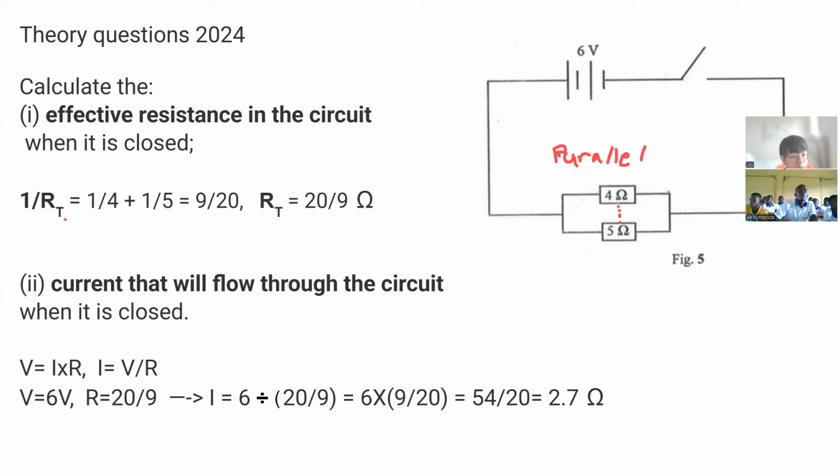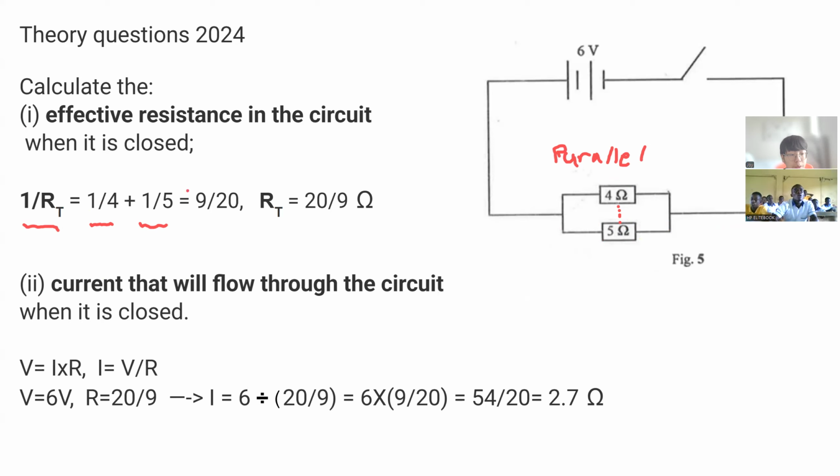And how do we calculate R total of parallel resistors? It is 1 over R total equals 1 over the first resistance, which is 4, so 1 over 4 plus 1 over 5, since the second one is 5 ohms.